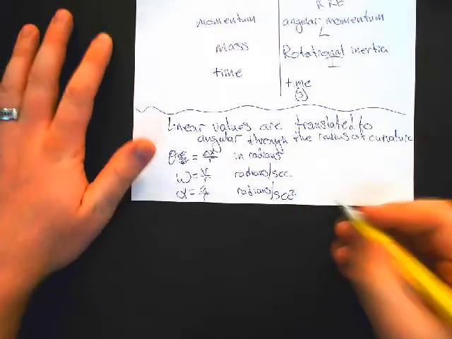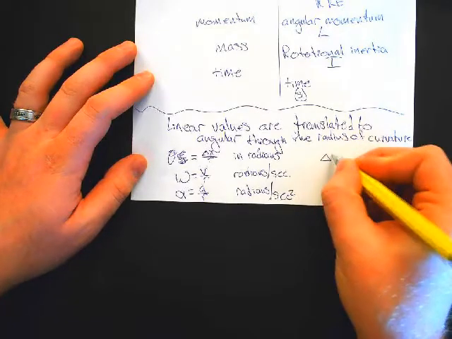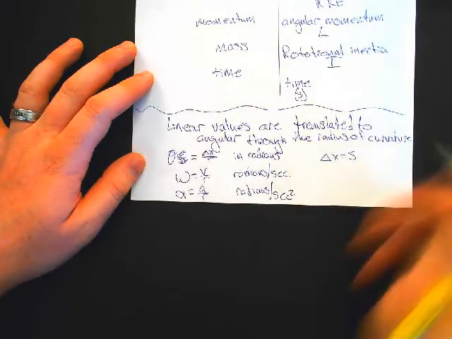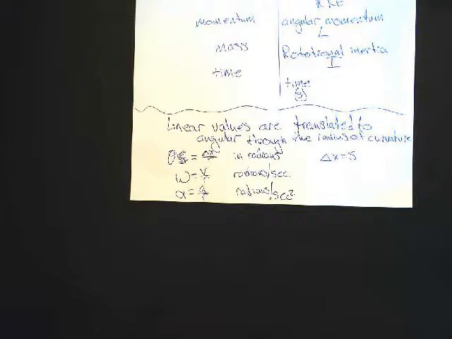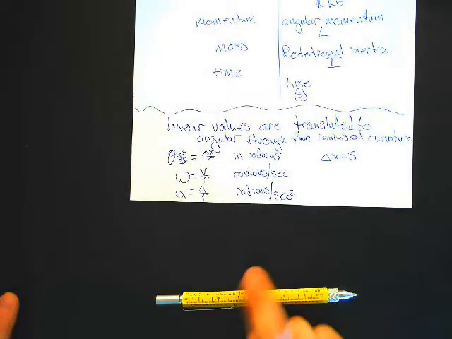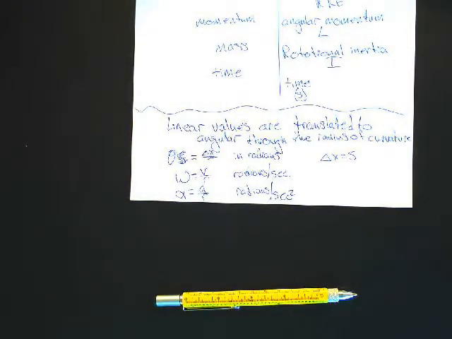Okay. Delta x may sometimes be translated for s, where s is arc length. We translate these two in the same way because if we take a circular object and I'm just going to pick out the spot with the masking tape.